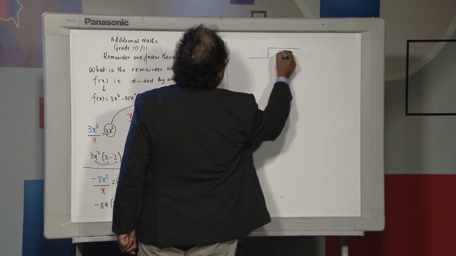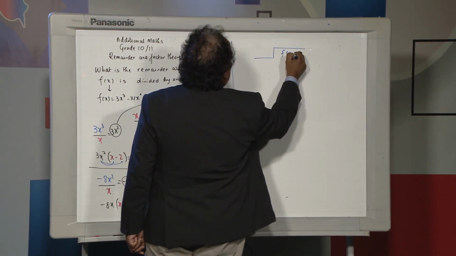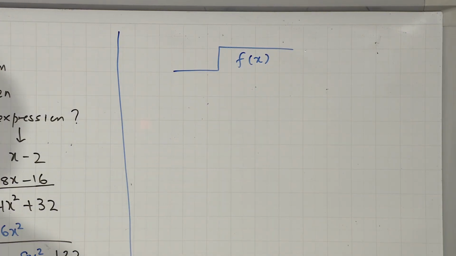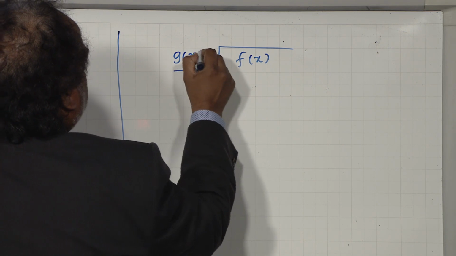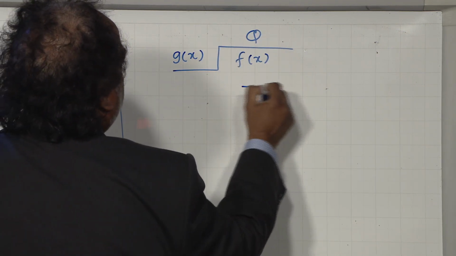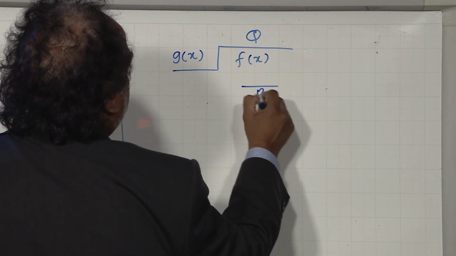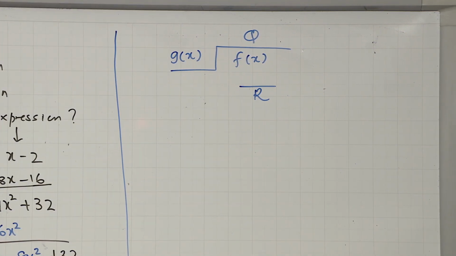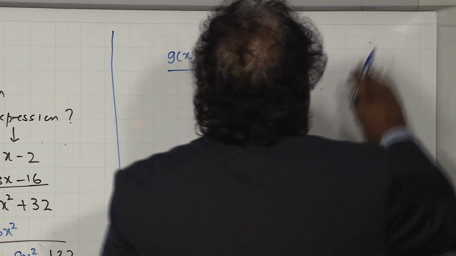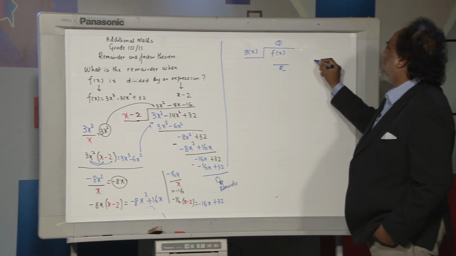In general, I will have f(x), the divisor g(x), the quotient, and then the remainder. Let me make a parallel first using simple numbers.